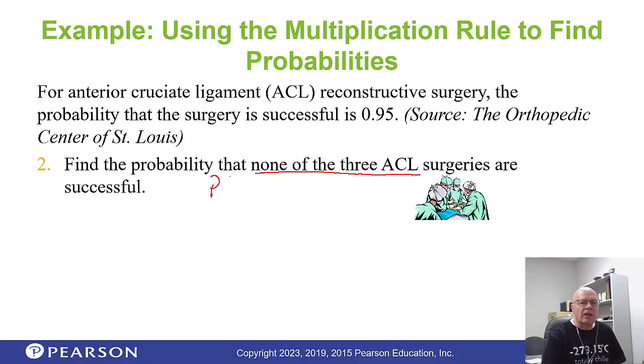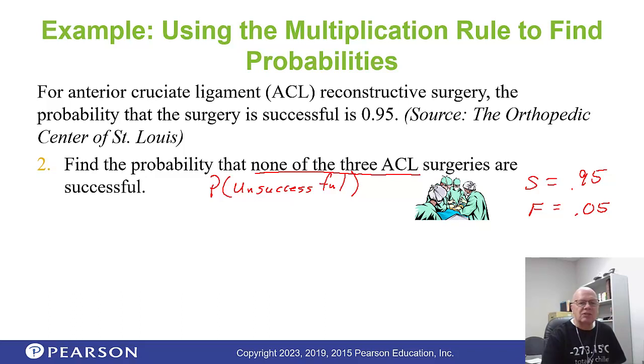What's the probability that you have an unsuccessful operation? Well, success you have a probability of 0.95. So what's the probability for the failure? Well, it's the complement, which is 0.05.